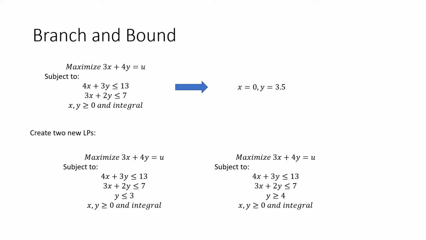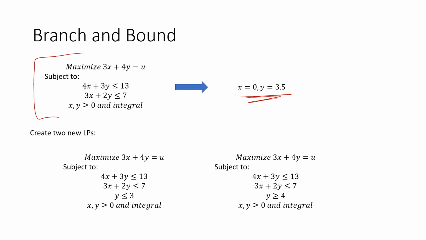So, for instance, here is an integer linear program. When you solve the LP relaxation, you end up with x equals 0 and y equals 3.5. Now with the Gomory cut, you would add a new constraint. With the branch and bound, you duplicate your linear program, each of which has a new constraint. So you end up solving twice as many.